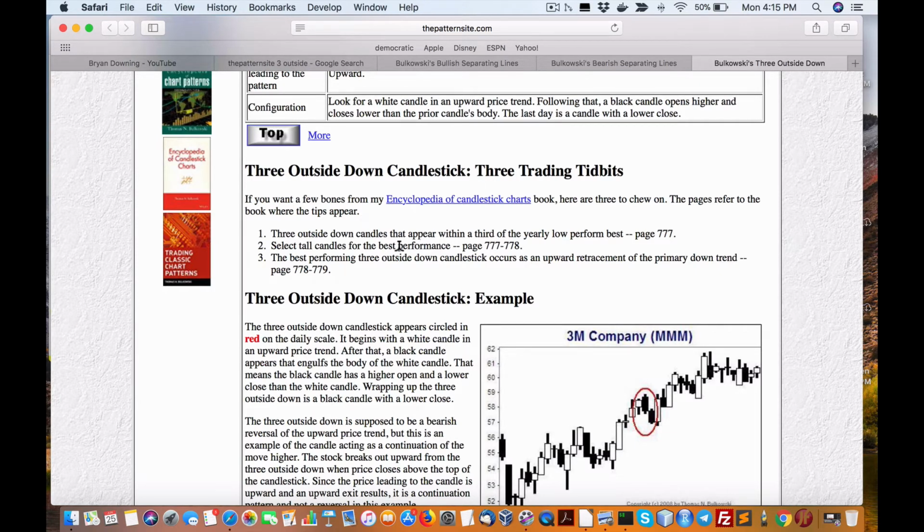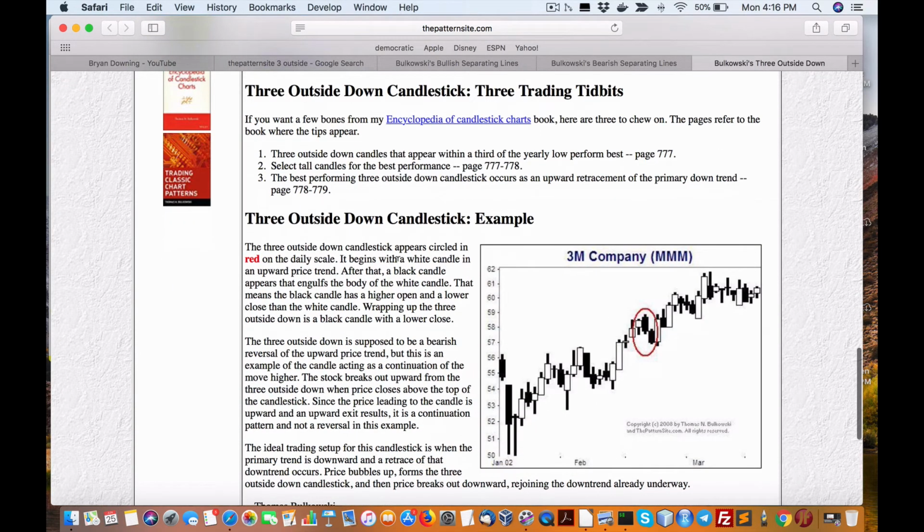Three outside trading. Select tall candles. Okay. Appears in red on the daily.